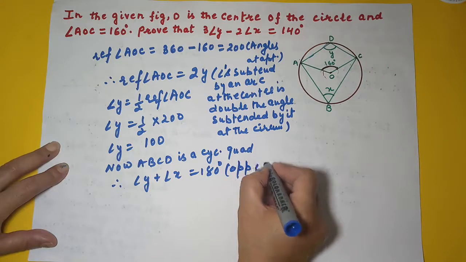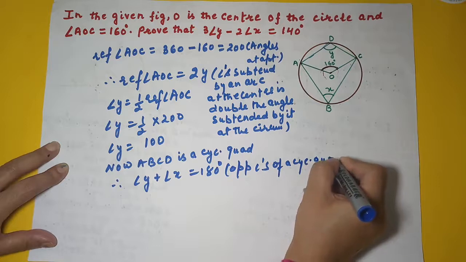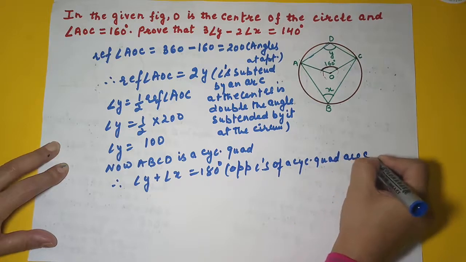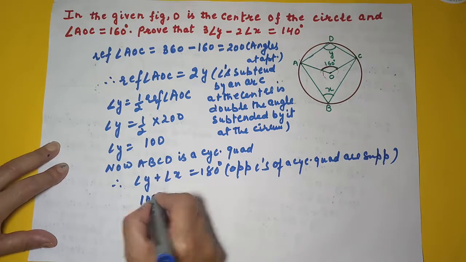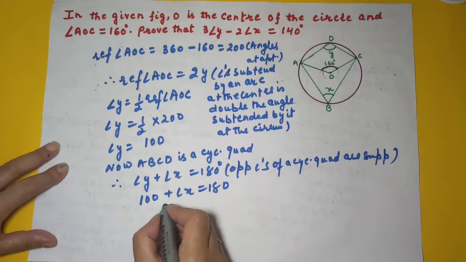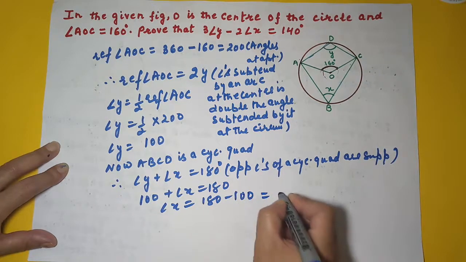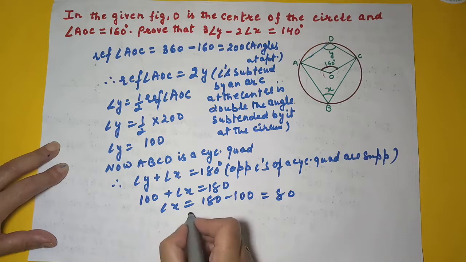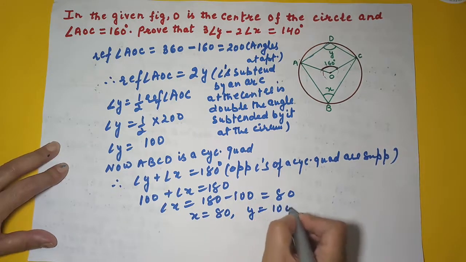Opposite angles of a cyclic quadrilateral are supplementary. So you got y as 100 plus angle x equal to 180. So your angle x equals 180 minus 100, which is 80. Now you got the value of x as 80 and the value of y as 100.